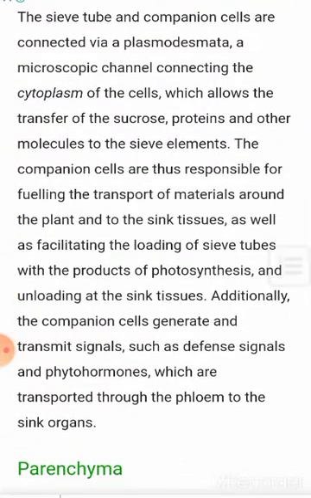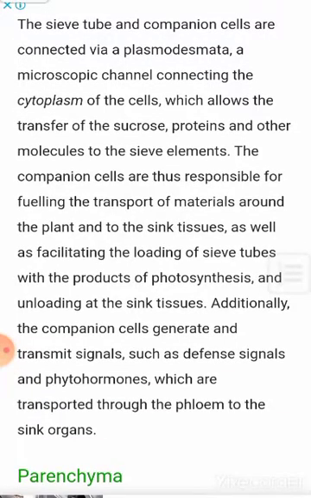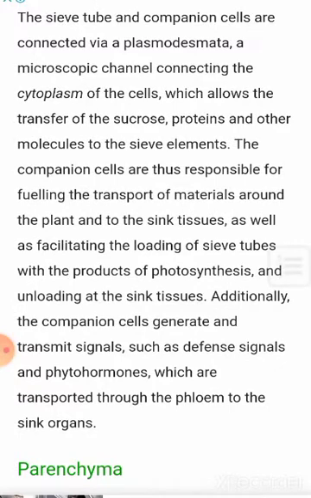The sieve tube and companion cells are connected via plasmodesmata, microscopic channels connecting the cytoplasm of the cells, which allow the transfer of sucrose, proteins, and other molecules to the sieve elements.